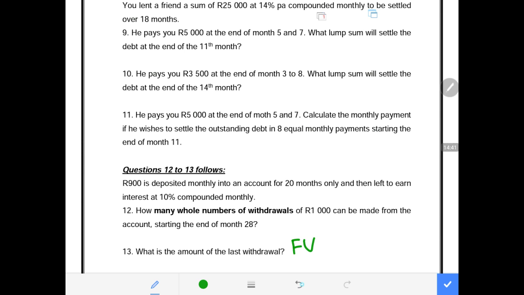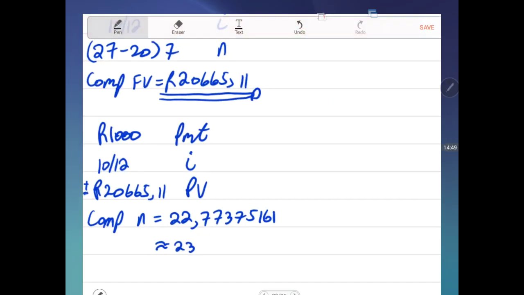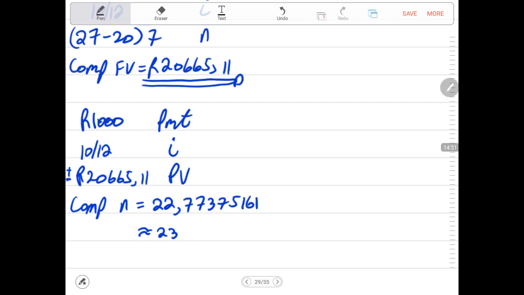After the 22 withdrawals are made, we add interest only for 1 month. I did calculate this in the previous questions, I still remember very well. Now what are we going to do in this case?